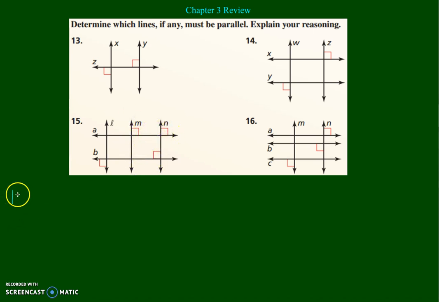So we know, first of all, in 15, line M is parallel to line N. And then also we can see that line A and line B are perpendicular to line N. Now because of this, again, we have two lines perpendicular to the same transversal, so line A is parallel to line B.